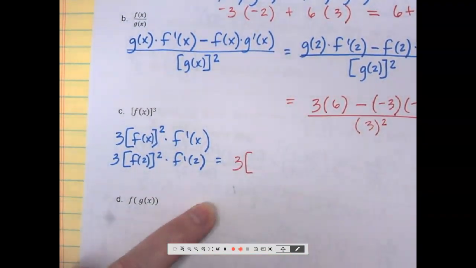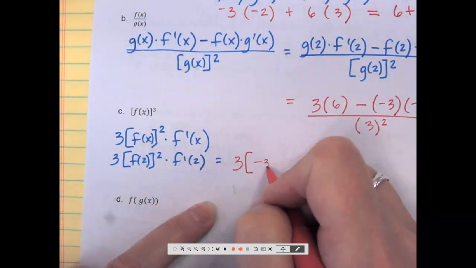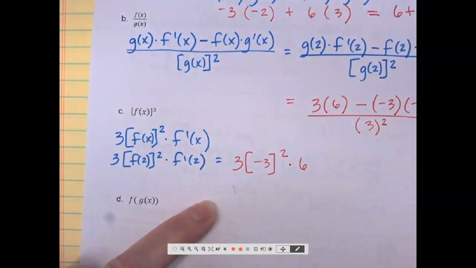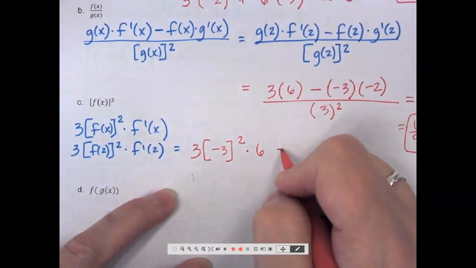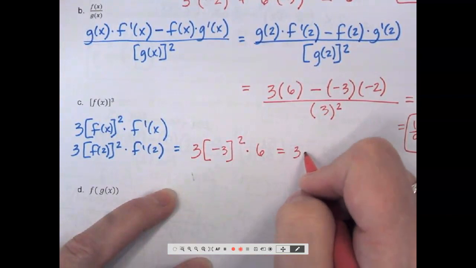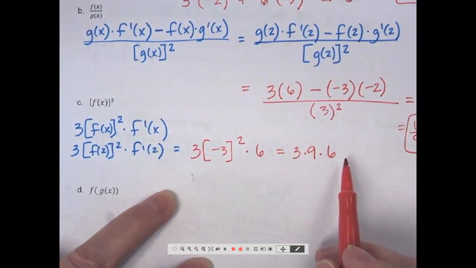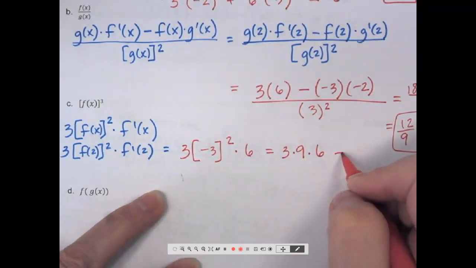Okay, so f of 2 was negative 3. F prime of 2 is 6. So that's 3 times 9 times 6. 54 times 3.